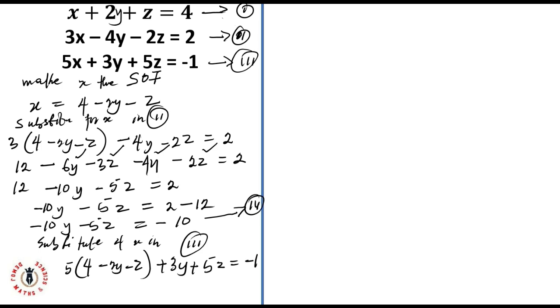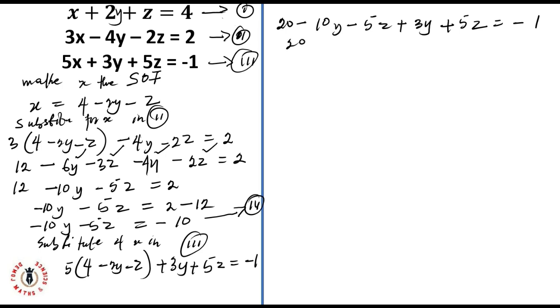Let's open the bracket so that I'll come up with 20 minus 10y minus 5z plus 3y plus 5z is equal to minus 1. Let's collect like terms.